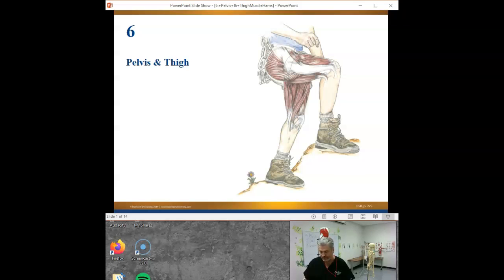It's more medial, and it inserts into the tibia. It inserts into the posterior medial aspect of the condyle of the tibia. And so yes, it crosses over the knee joint and inserts into the tibia.